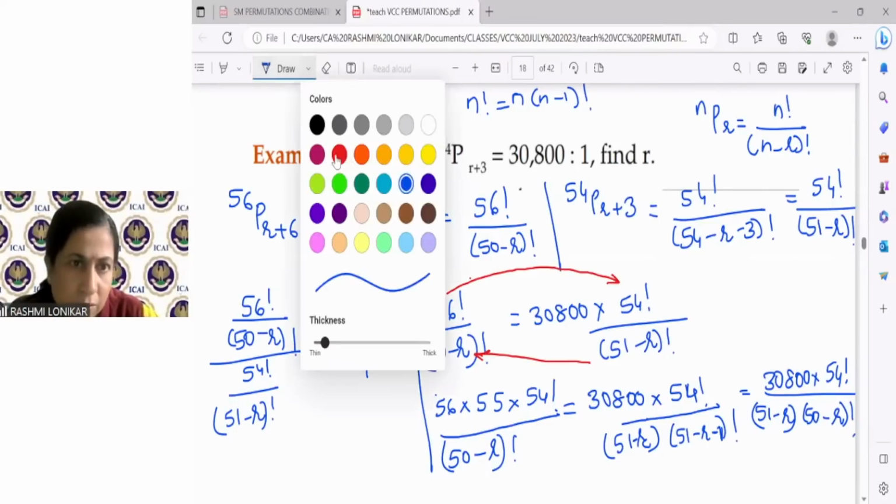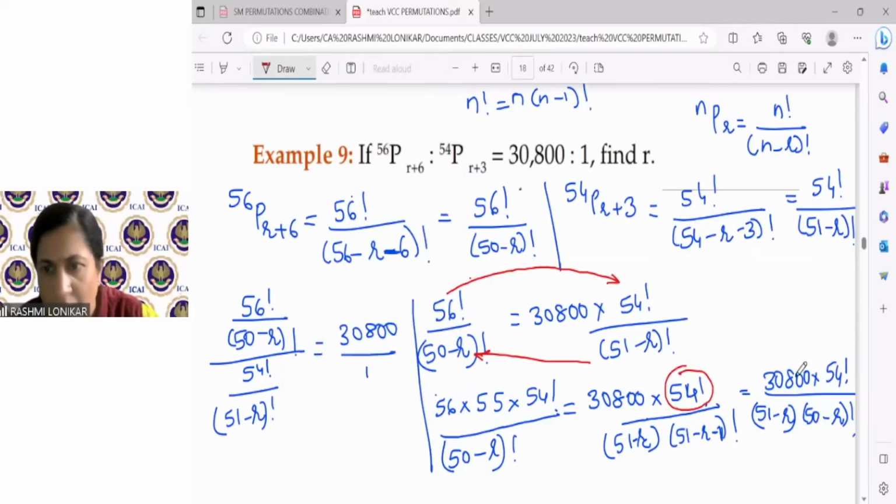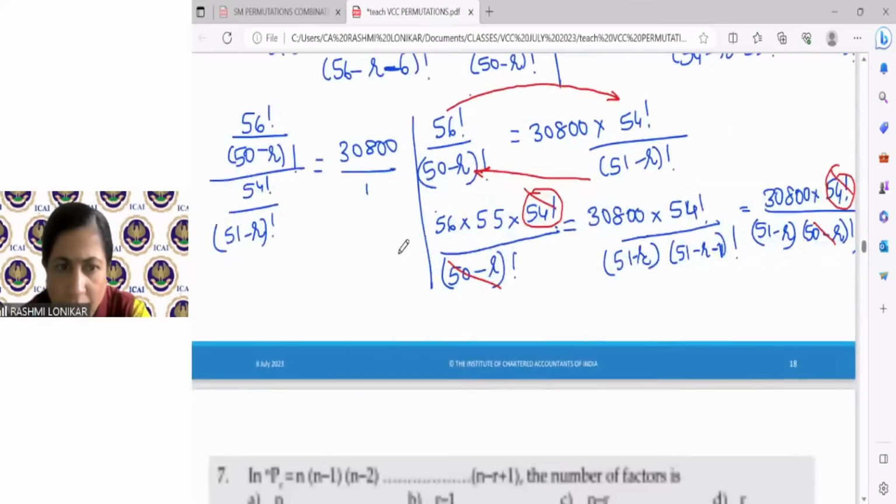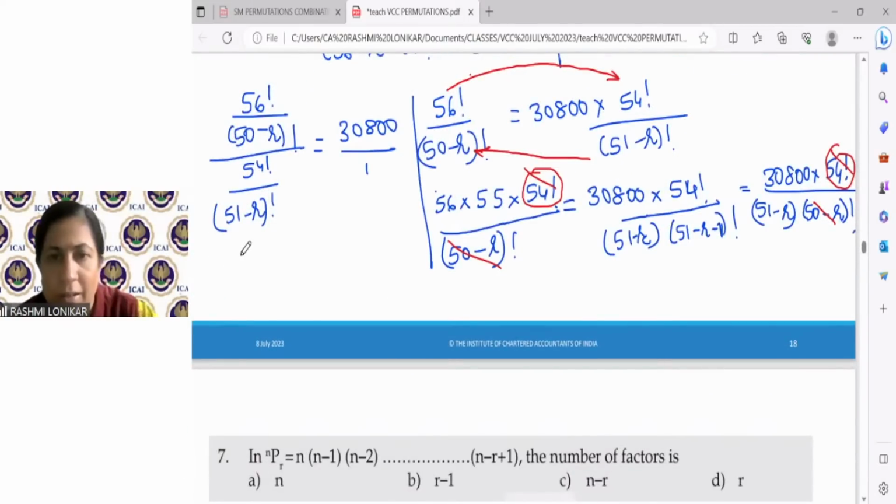Now this 54 factorial and this 54 factorial will get cancelled. In the denominator, (50 minus r) factorial and this (50 minus r) factorial will get cancelled. So what will remain?